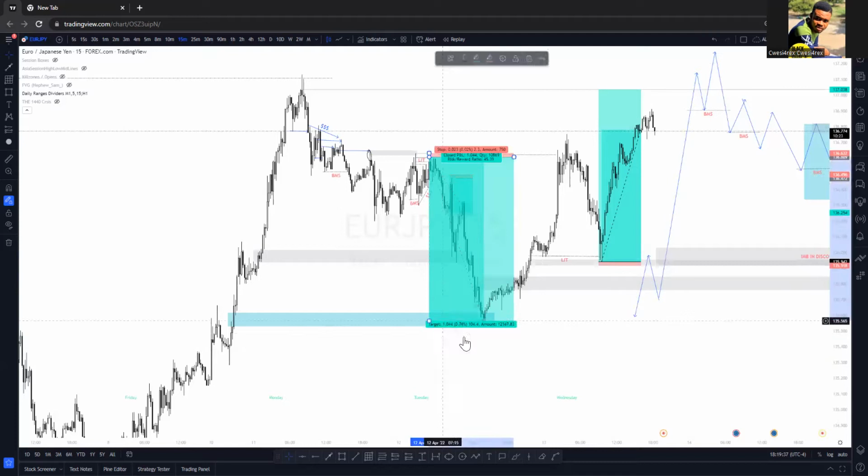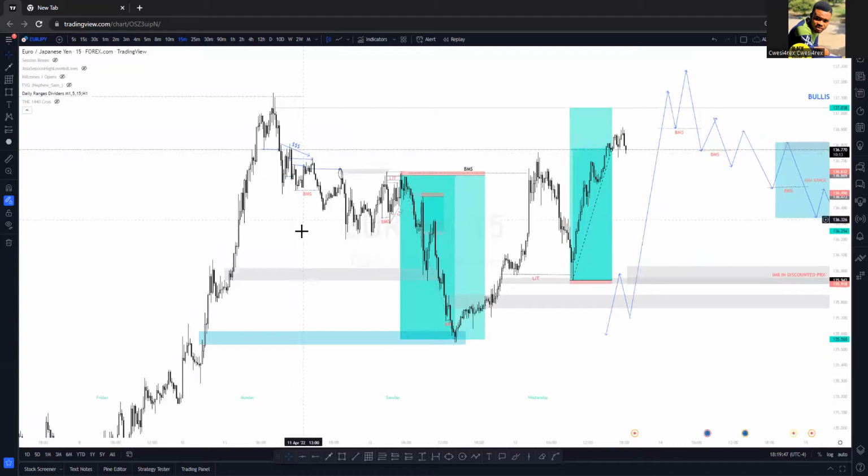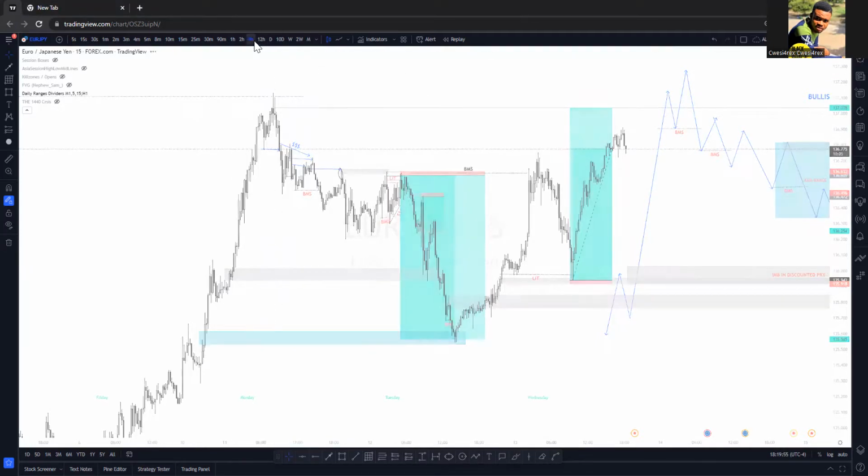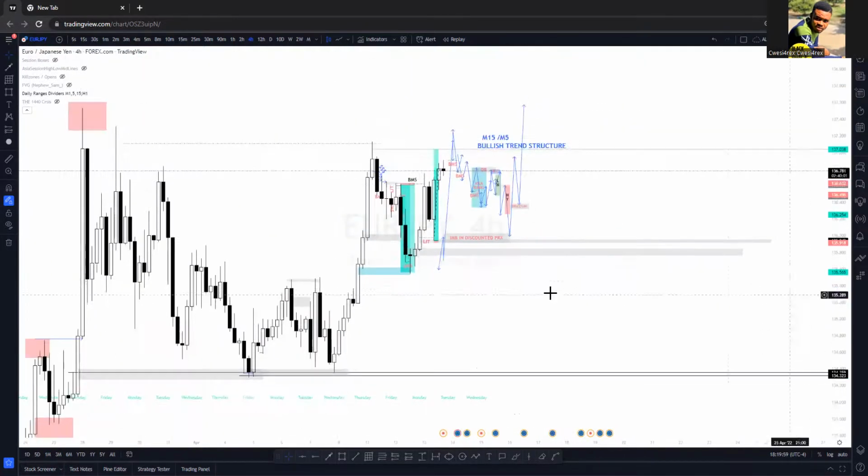That's the concept. On 15 minutes, you can see price is forming a series of lower highs and lower lows. But on the H4, look at what happened. Price is very, very bullish.